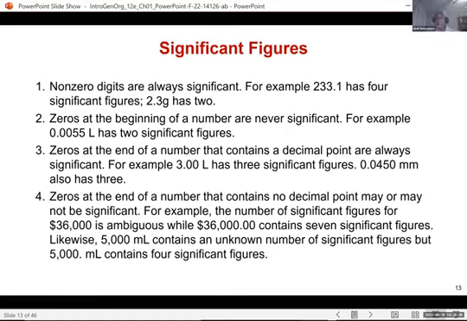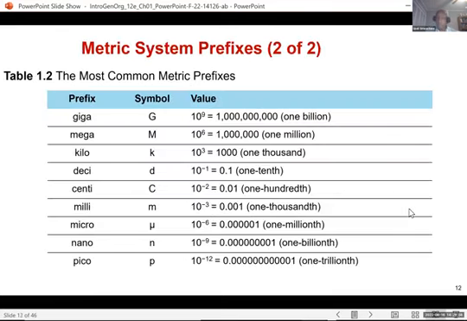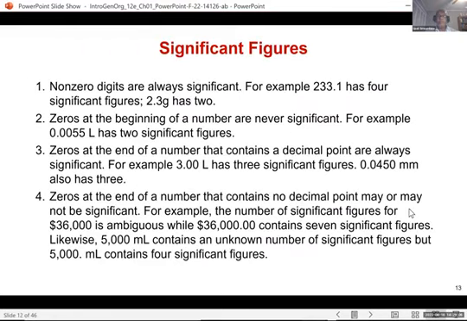How do you tell significant figures in a number that appears in a measurement? Okay, these are about the rules. The fourth item, paragraph here: zeros at the end of a number that has no decimal point may or may not be significant.